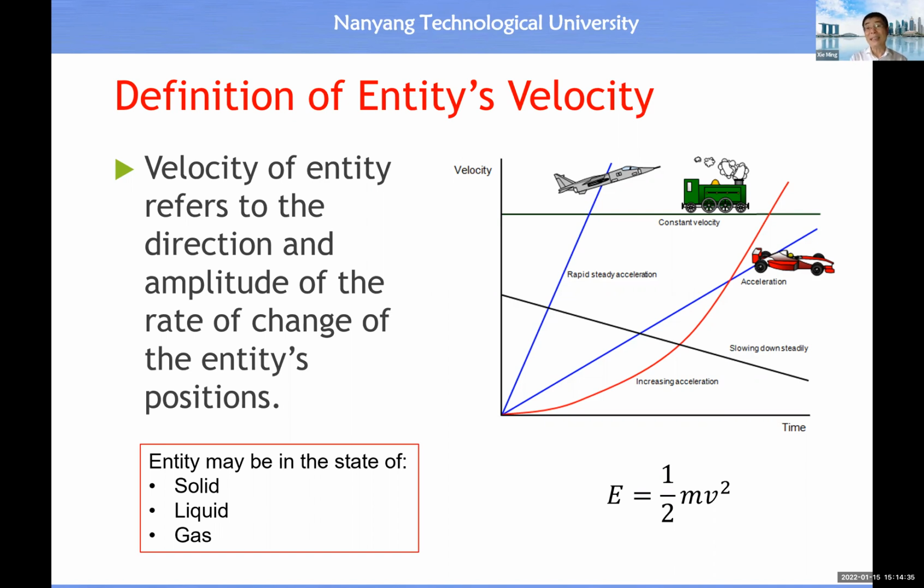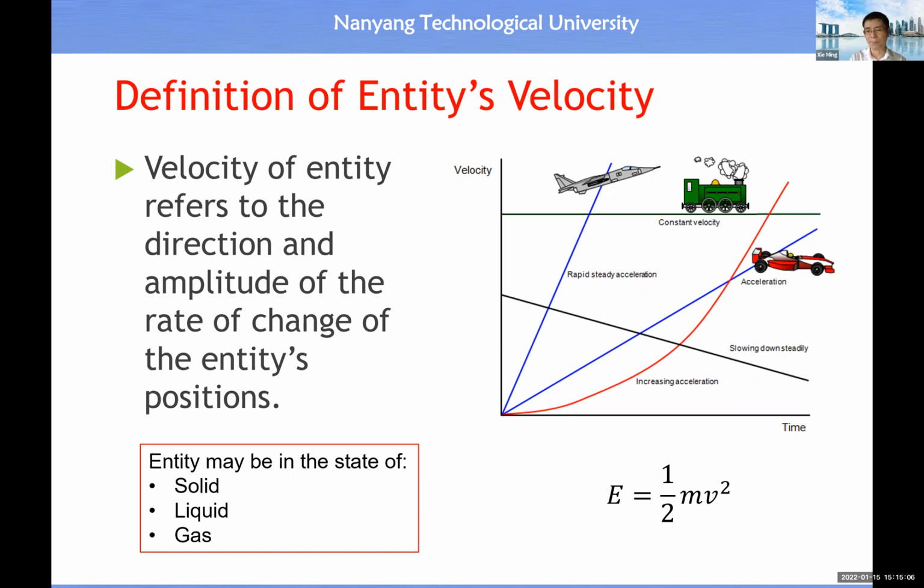We may have a motion with a constant velocity. Then the velocity profile is a horizontal line. And we may also have an entity which undergoes constant deceleration, right? Then again, you will see a straight line with a negative gradient, right? So this graph basically helps you to understand different types of entity motion in terms of the property of velocity, right?